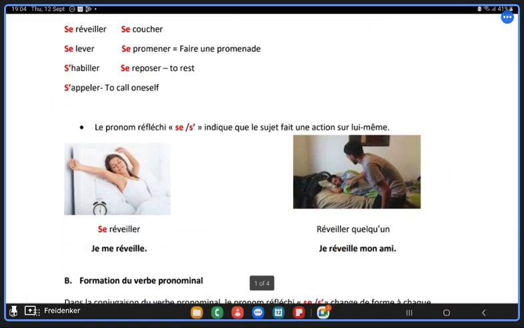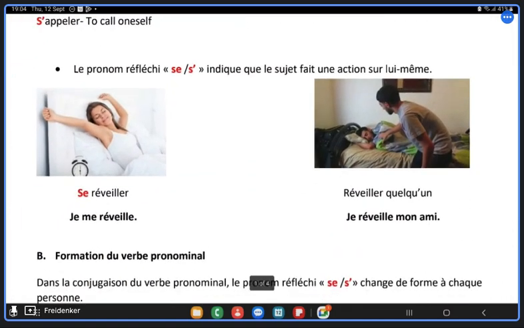If you look at this basic example, on the left side the person is waking herself up. No one is waking her. But on the right side, someone else is waking this person. So on the left side, the action of waking up is done by the person herself. So you will have to use pronominal.